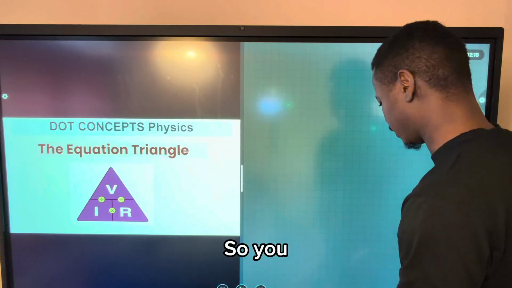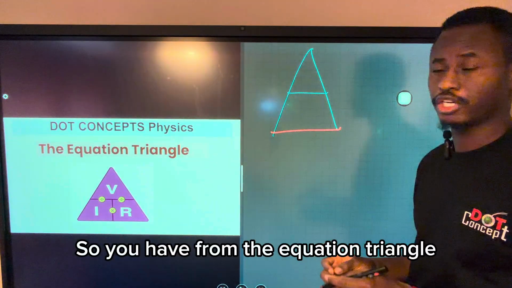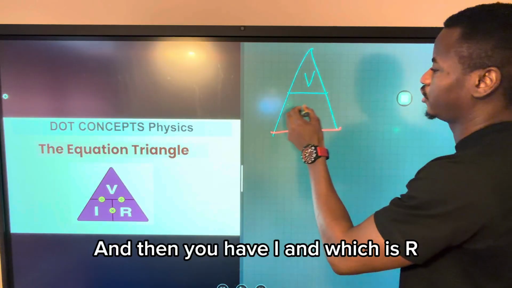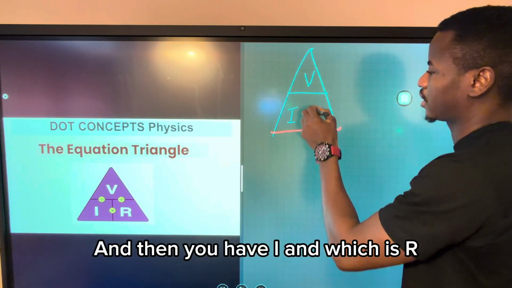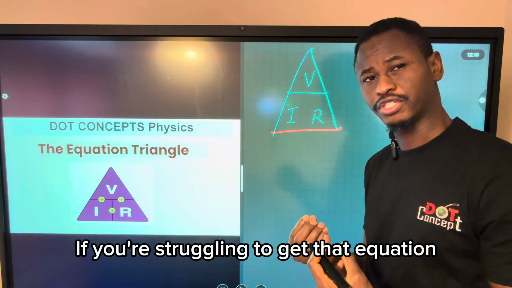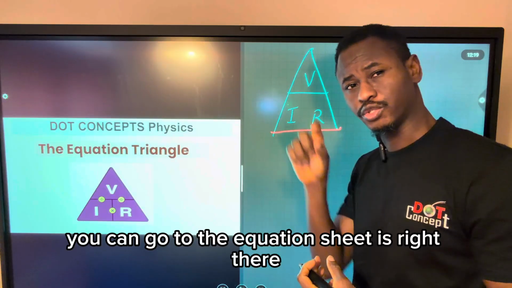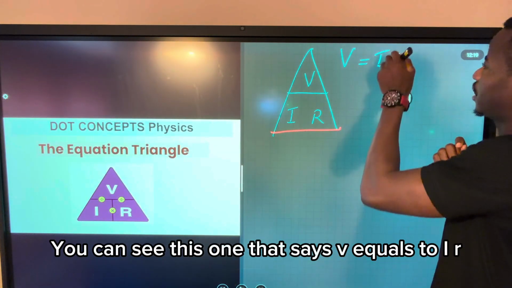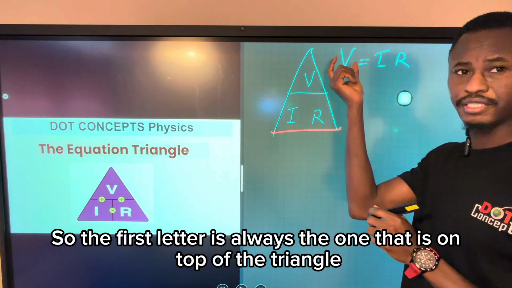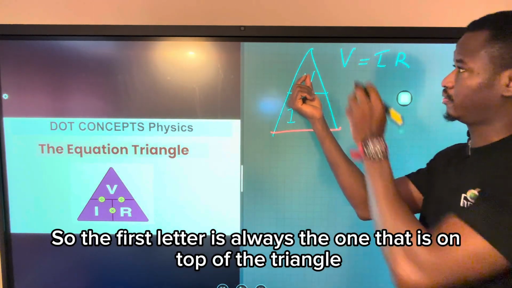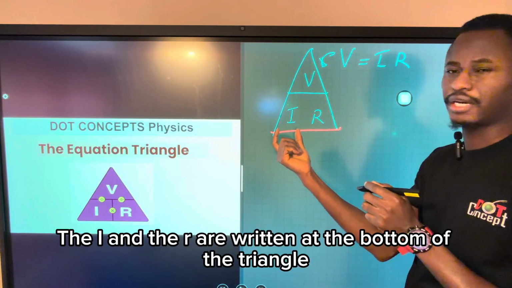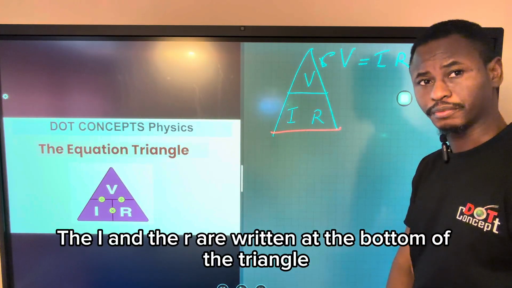From the equation triangle, you have V, the potential difference, right on top, and then you have I and R. If you're struggling to get that equation, you can go to the equation sheet. You can see this one that says V equals I R. So the first letter is always the one written at the upper part of the triangle, and the I and the R are written at the bottom of the triangle.